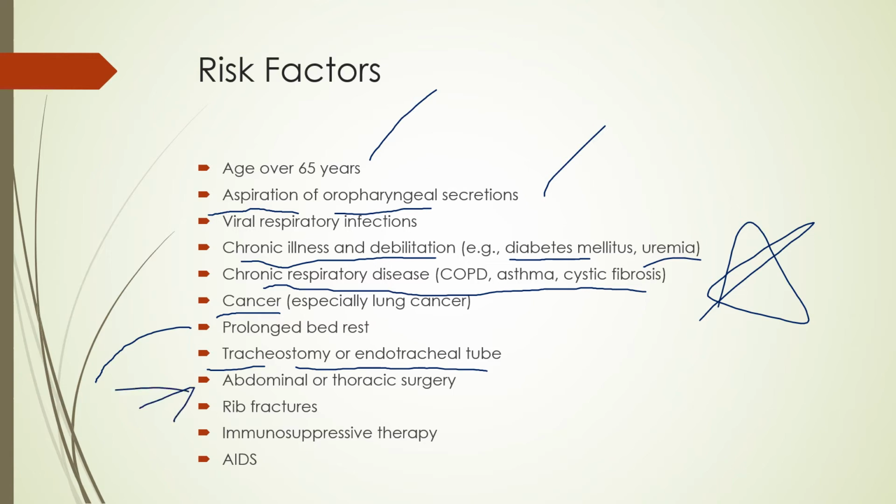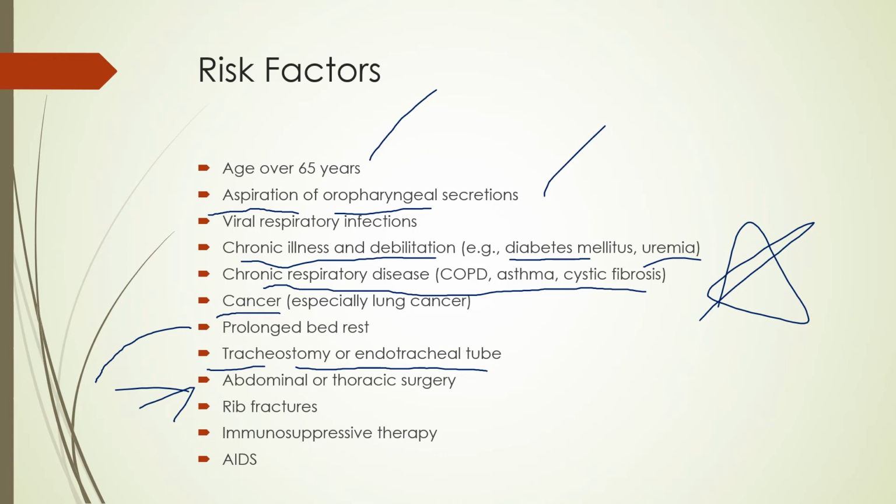Abdominal thoracic surgery, right? You'll have patients with abdominal thoracic surgery, or even, I will say, post-op hip and knee replacements. I'll add that in there, even though it's not in your book. But these patients that had abdominal thoracic surgery, they had their sternum cracked open for open heart surgery, or they had an upper GI issue and they had abdominal surgery.